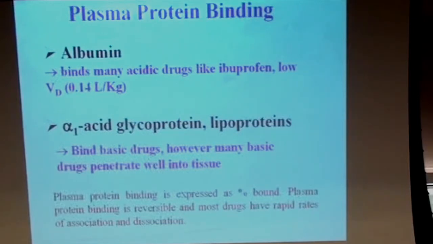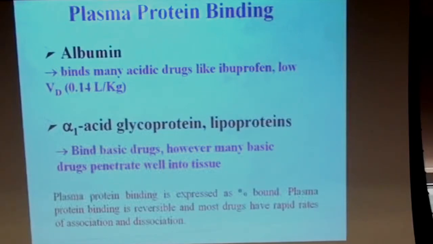In blood, drugs are bound to plasma proteins. The major plasma proteins are albumin, which binds acidic drugs, and alpha-1 acid glycoprotein, which binds basic and lipophilic drugs.